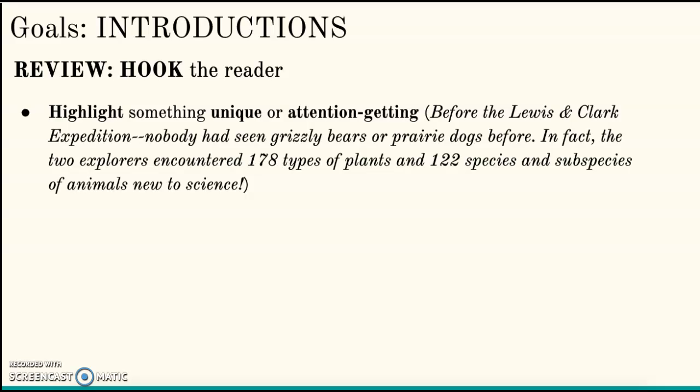So here's something unique or attention-getting that I found in my research. Before the Lewis and Clark expedition, nobody had seen grizzly bears or prairie dogs before. In fact, the two explorers encountered 178 types of plants and 122 species and subspecies of animals new to science. That would get my attention if I read that, and I'd want to keep reading.